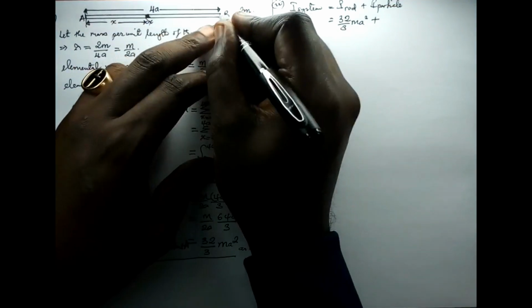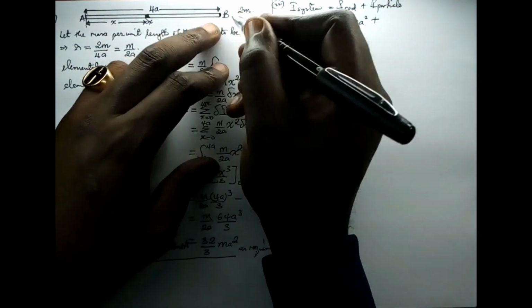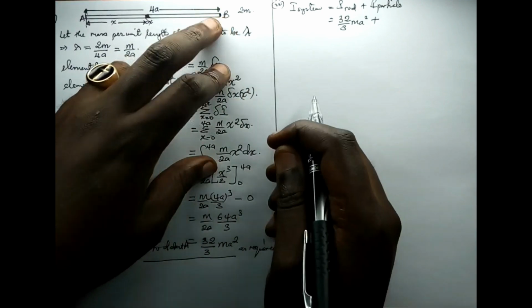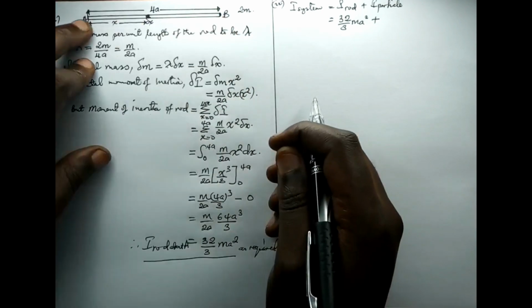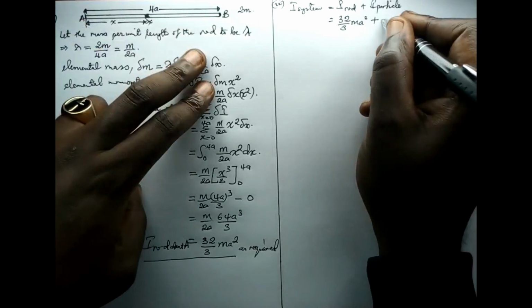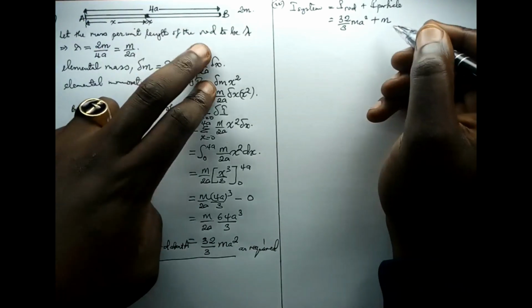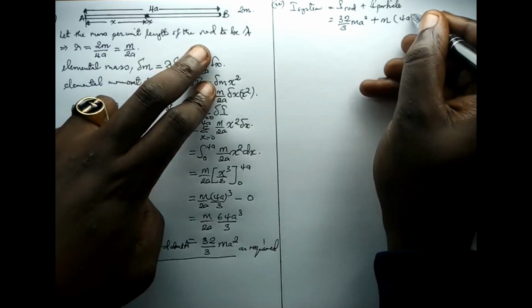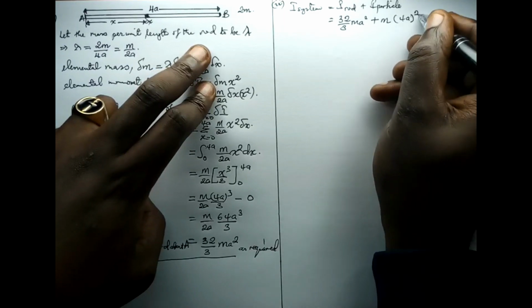The particle is found at the end B, at a distance of 4a from the axis A. And so the moment of inertia is the mass, which is m, times the square of the distance from the axis of rotation.